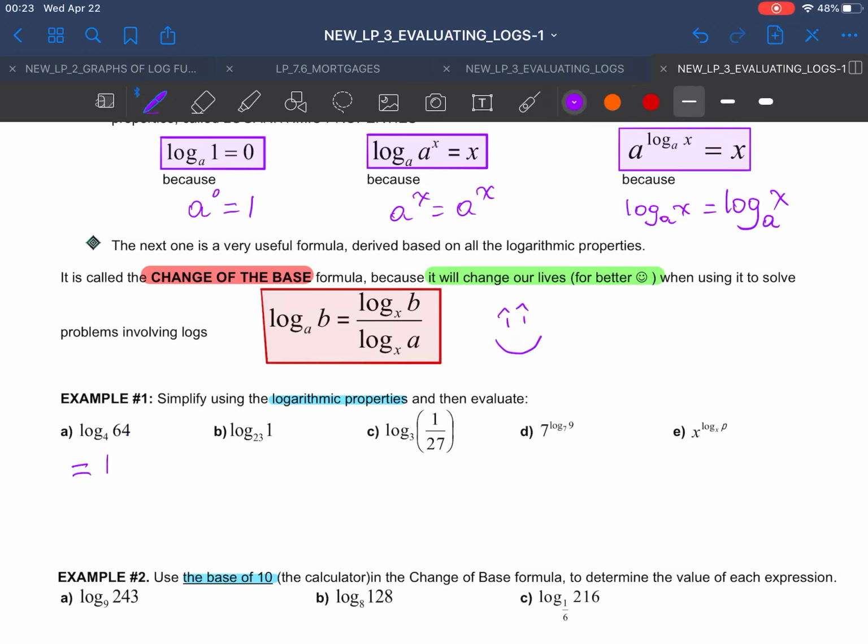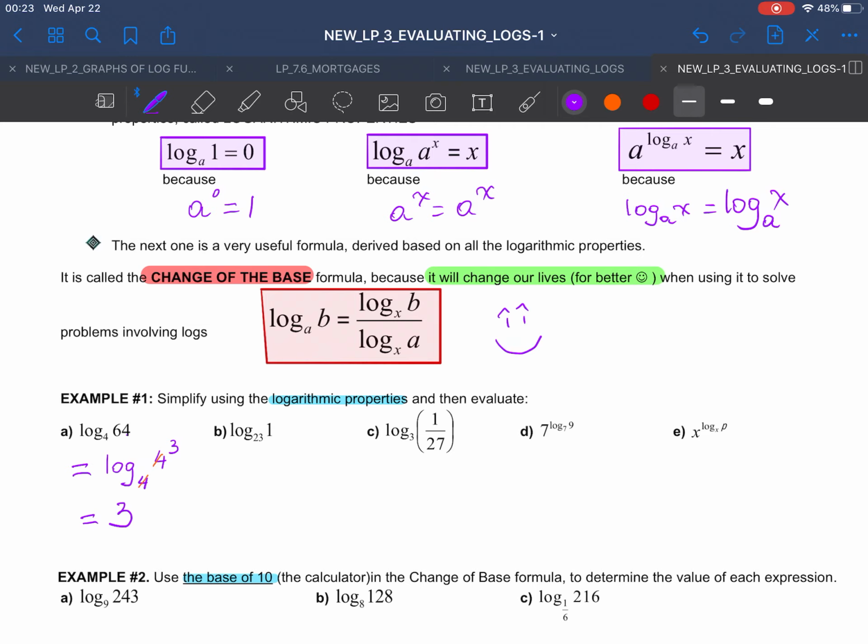So I'm going to try to rewrite it in that form, meaning that I'm going to try to write 64 as an exponential with a base 4. So 4 to the power of 3 is 64. And remember we said that when these match, it simplifies to leave us with just 3.